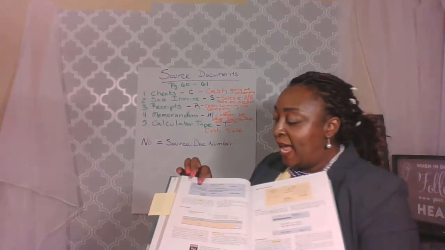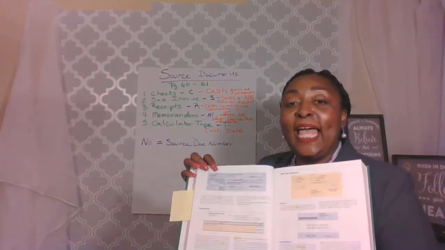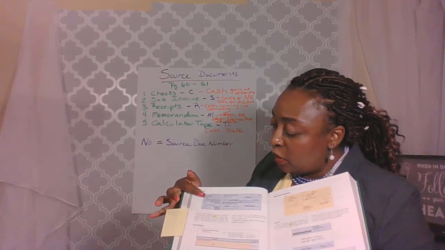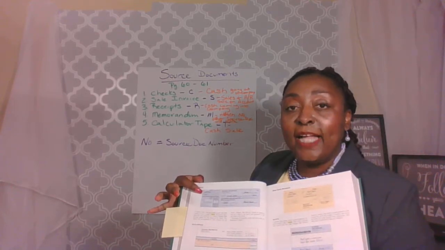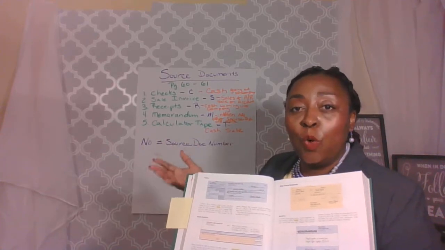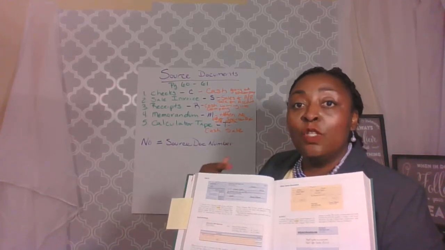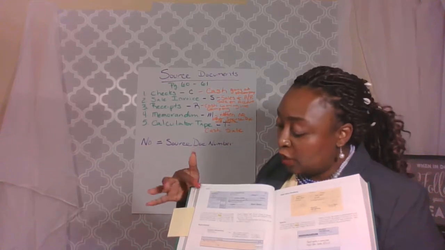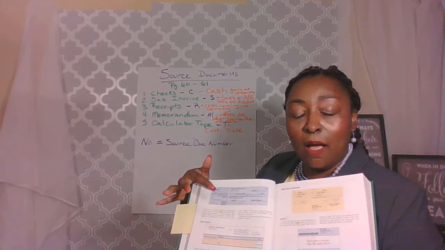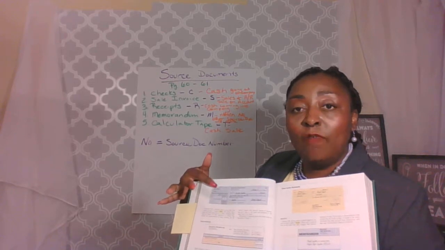And on a check, because we're spending cash, we can spend cash on anything. So we must always look at the for line to know why we spent this money so we can know how to record the transaction properly. When we're analyzing a transaction, we need to be able to read the purpose of this check.